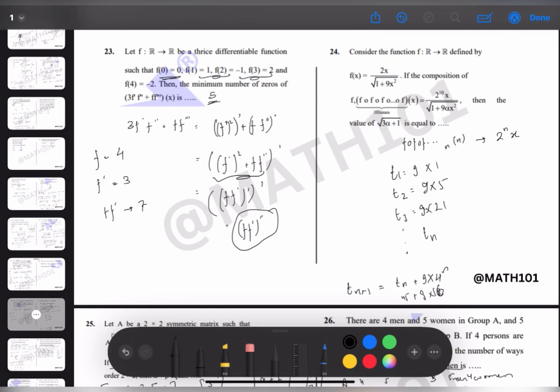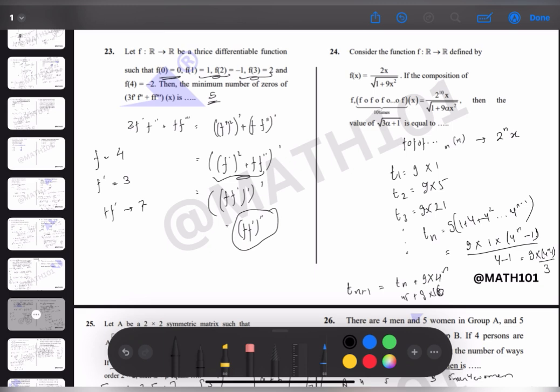So tn is equal to 9 into 1 plus 4 plus 4 square up to 4 to the power of n minus 1, which is equal to 9 into first term into 4 to the power of number of terms, that is n, minus 1 upon common ratio 4 minus 1, 3, which is equal to 9 into 4 to the power of n minus 1 by 3.